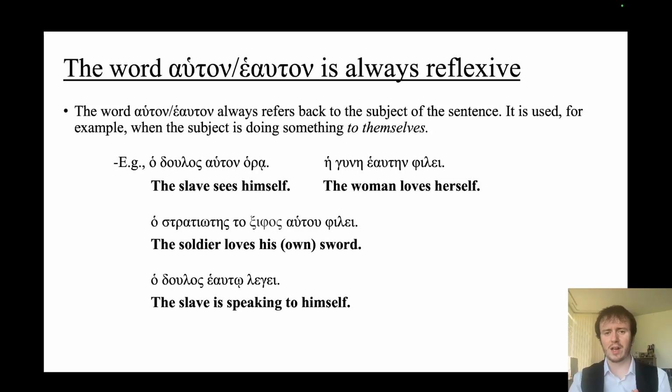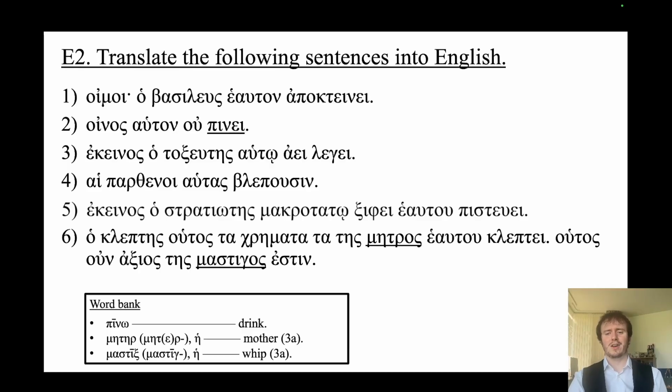Please do pause the video and note down this information about ἑαυτον, namely that it always refers back to the subject of the sentence. Now that we've learned that, we can do some practice with the word ἑαυτον.